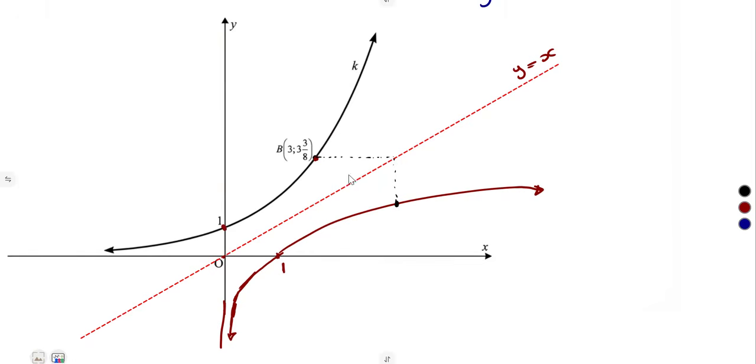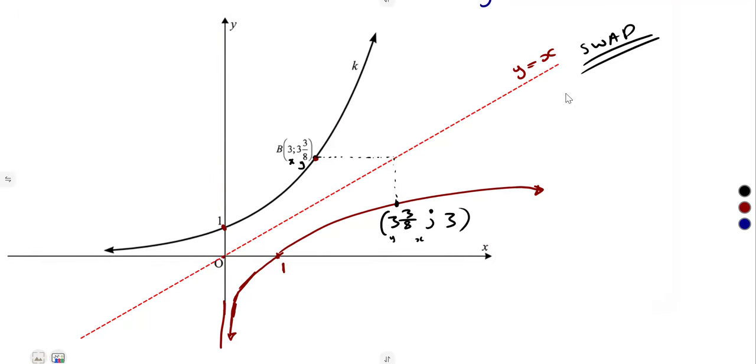But remember what I said, guys, a reflection in the line y is equal to x. You swap coordinates. So you're going to swap these x, y. This is your x, this is your y. So this is going to be y, x. You swap them. So it's 3 and 3 over 8. Then the x is now our y value, which is 3. So you swap coordinates. I talked about this on your transformation. Check the video on transformations.